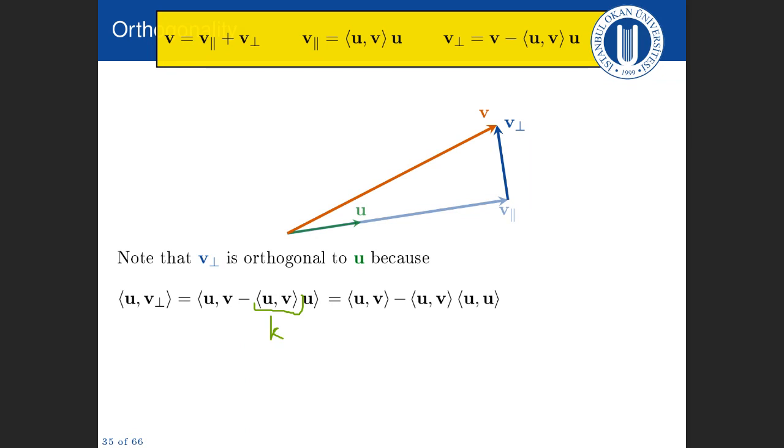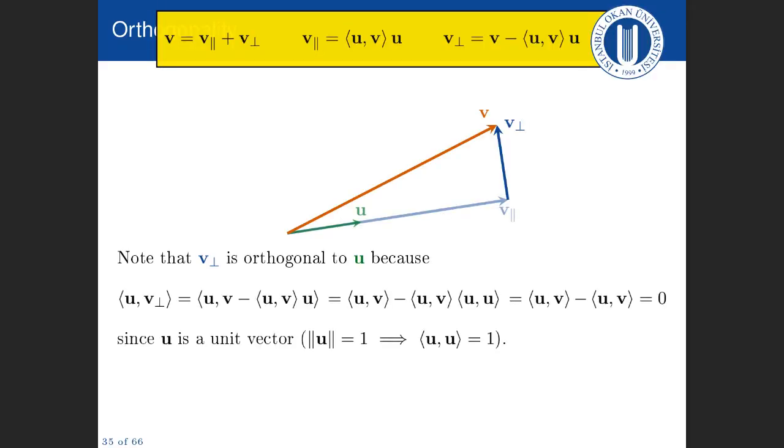After we split it up, we have a number here. The inner product of u and v is a number. And if we have a number, we can take it outside. So we get minus the inner product of u and v multiplied by the inner product of u with itself. But u is a unit vector. The inner product of a unit vector with itself is always equal to 1.